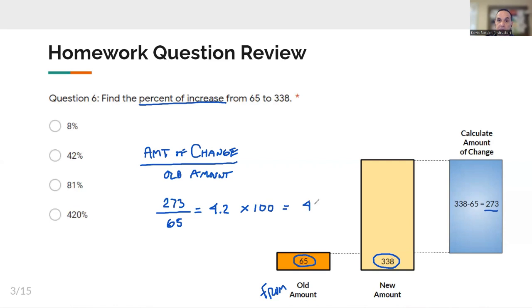That gives us 420%, which may seem like a strange answer to you, but when something goes up by this amount, by more than double, it's going to be more than 100%. So that's why that answer kind of makes sense, 420%.